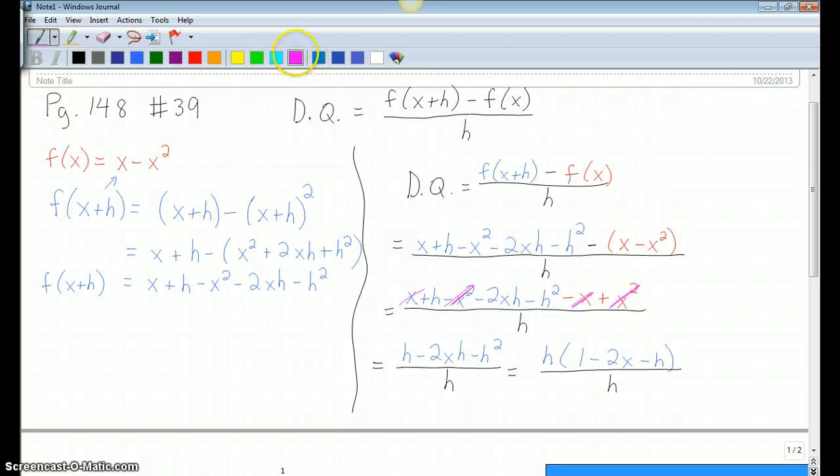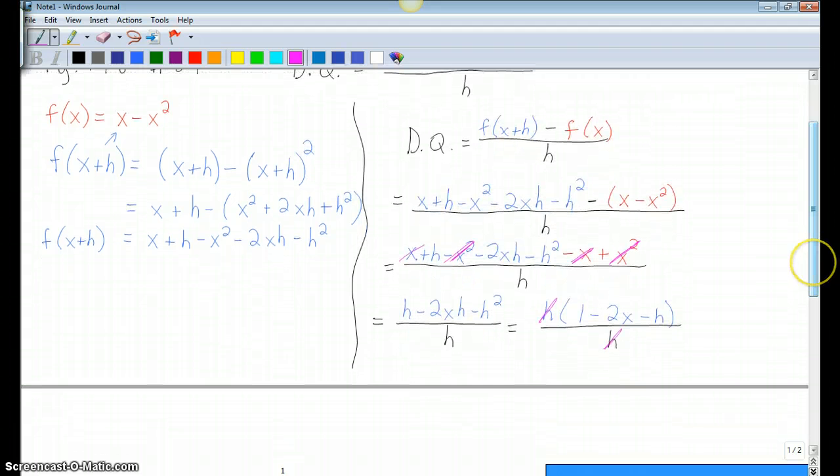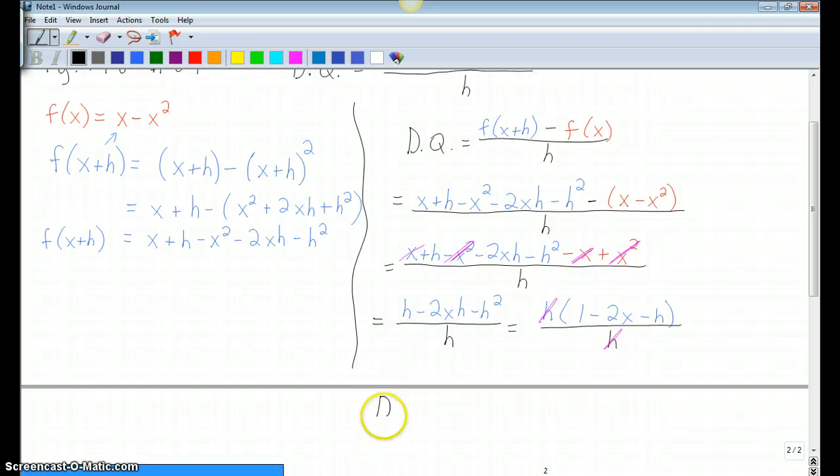And the reason we do that is that then that h can cancel out. And we don't quite get it all on one page, but our difference quotient is just 1 minus 2x minus h.